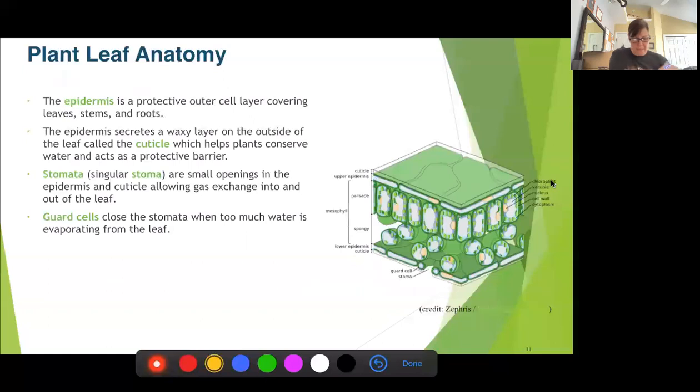I already talked about the epidermis and the cuticle. The stomata are pores that allow for gas exchange. Those pores are made up of 2 cells called guard cells. Those guard cells will open and close depending on how much water is available.